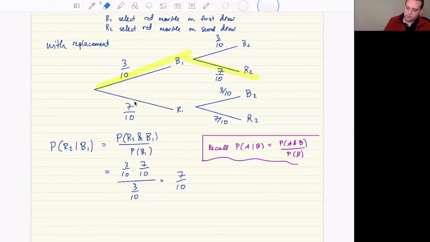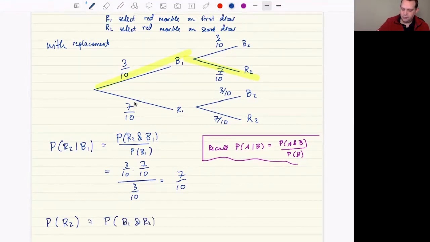And let's do one more calculation here. So this will be the same as before. What's the probability of R2? And so again, there's two routes to get to R2. You could go through B1 or you could go through R1. And so this is going to be the probability of B1 and R2 plus the probability of R1 and R2, just like before, same reasoning as before.